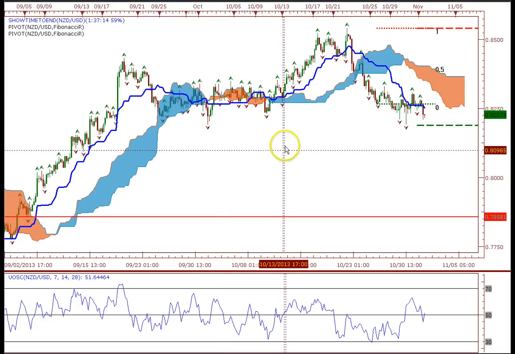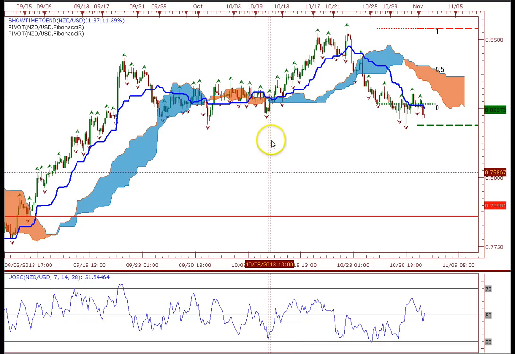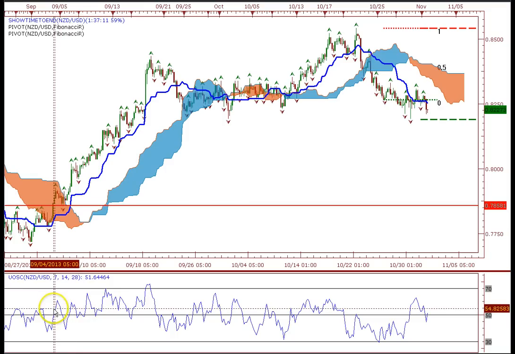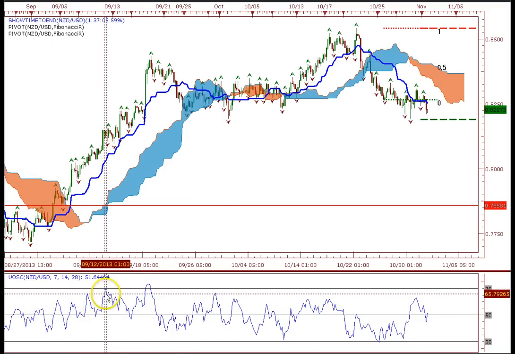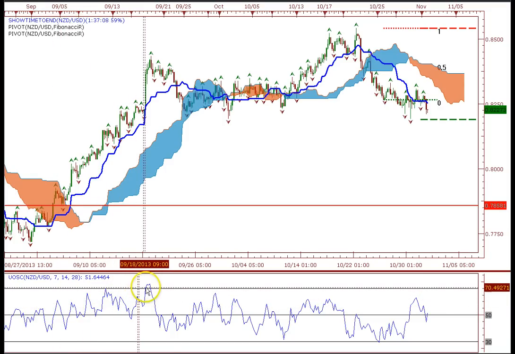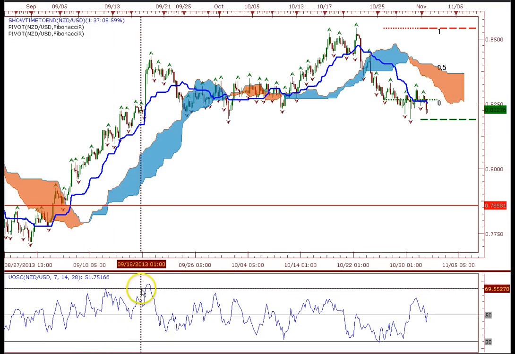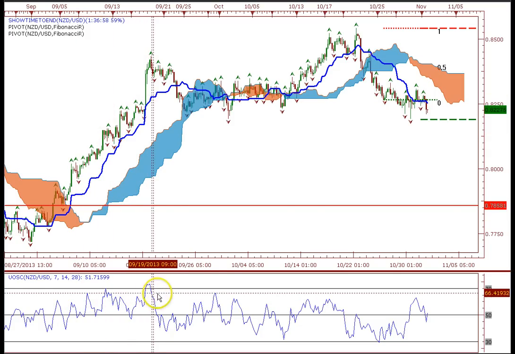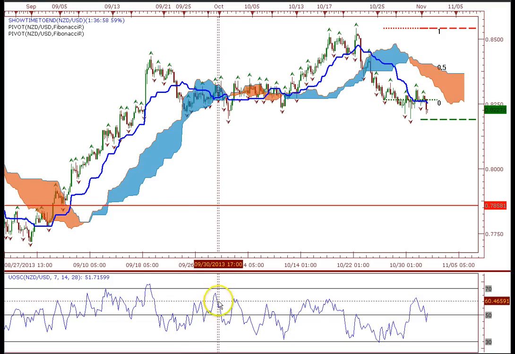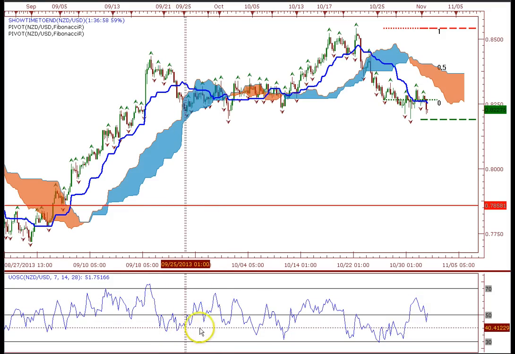Let's look at this New Zealand dollar, US dollar. Here you see price moving up, and the indicator is moving up. Now it moves down, price is moving down. So there was no divergence really here.